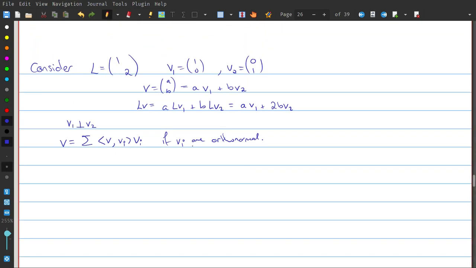All right, so that means that they're orthogonal to each other and length 1. We have this really simple formula for decomposing any vector into a sum of eigenvectors. And that's exactly what we have in this case.